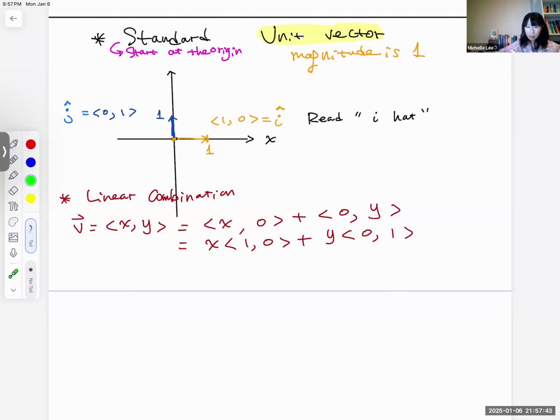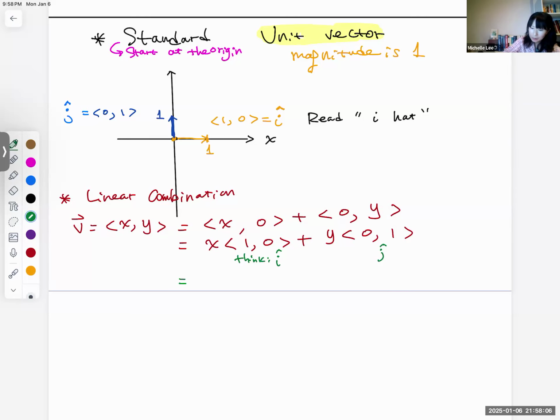Okay, then think this way: (1, 0) as a vector is i hat, and (0, 1) is j hat.